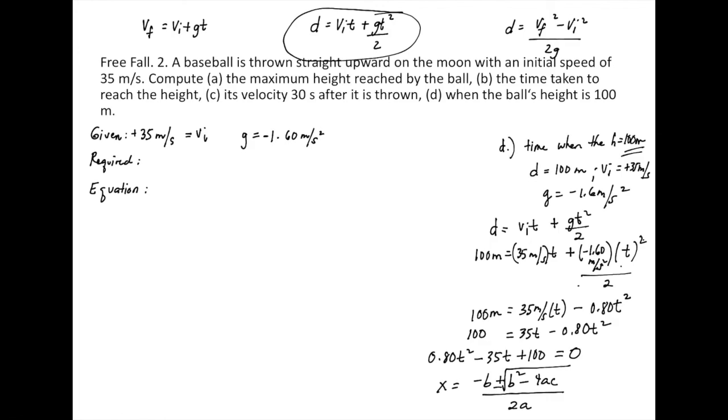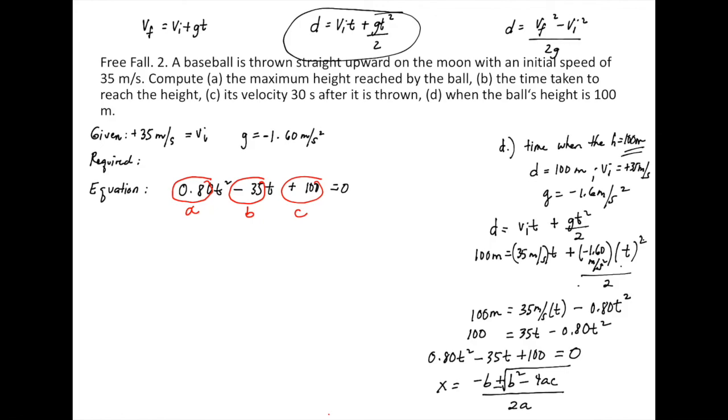So we have here 0.80 t squared minus 35t plus 100 equals 0. Take note that this one will represent our a, this one will represent the b, and this one will represent the c. So let me substitute it in my quadratic equation.